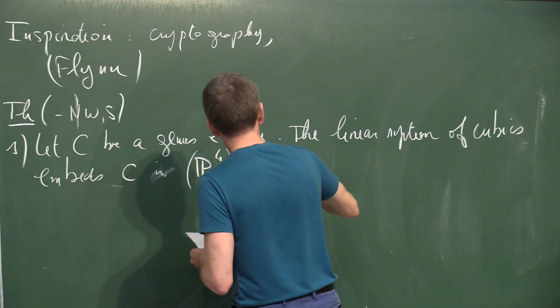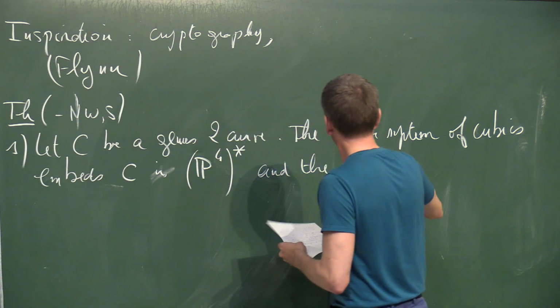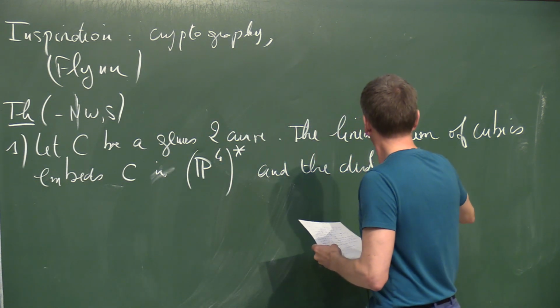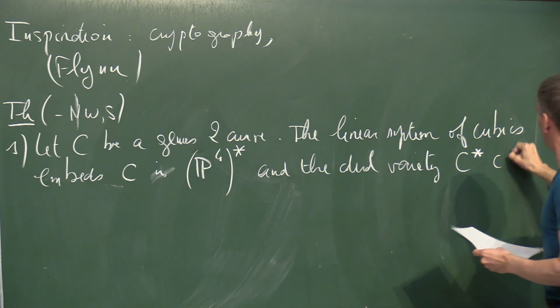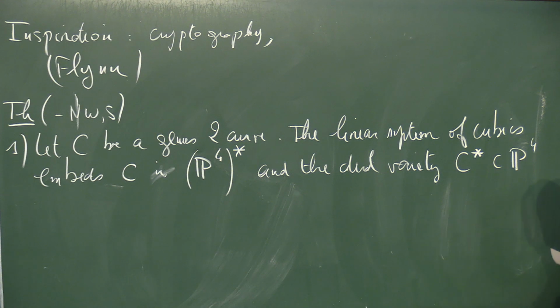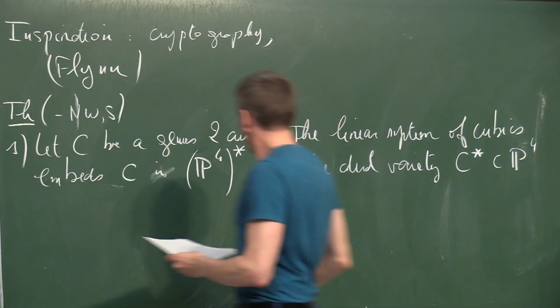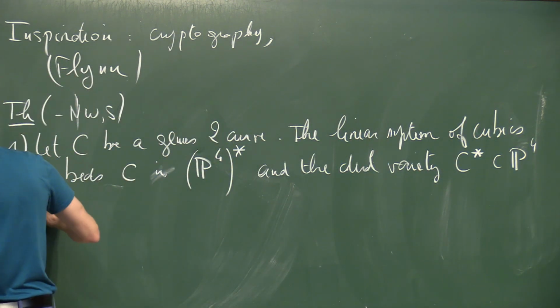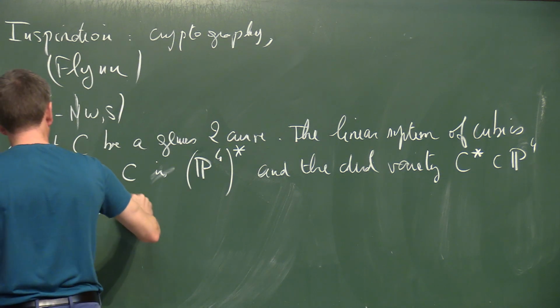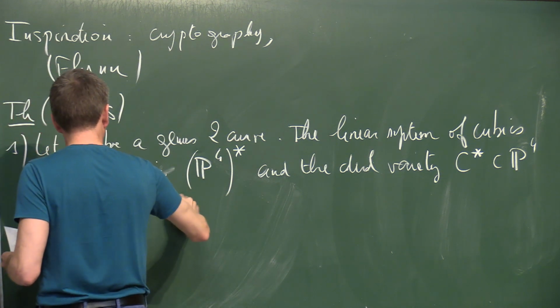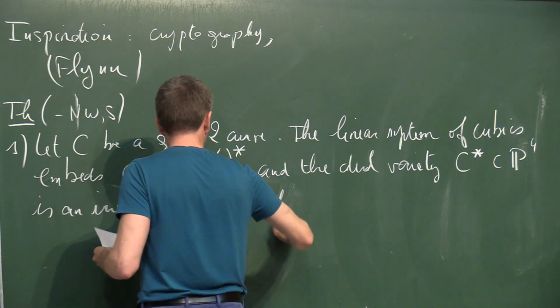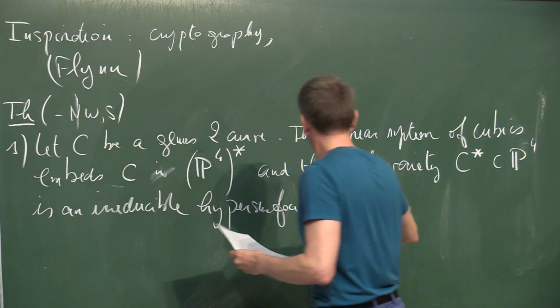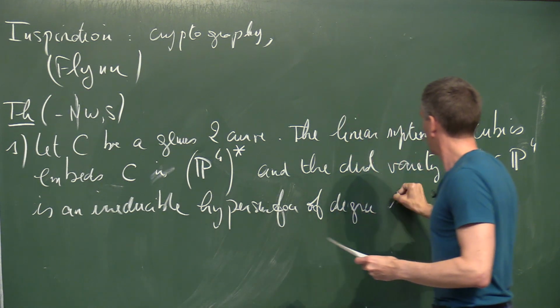And the dual variety in P4, so C star in P4, is an irreducible hypersurface of degree 14.